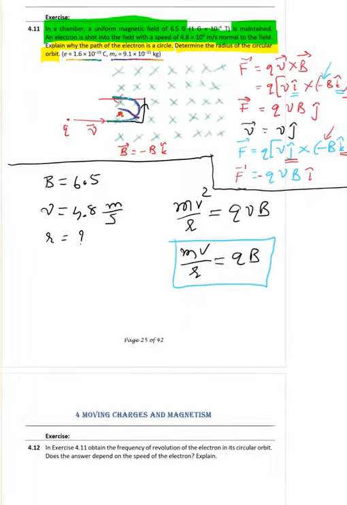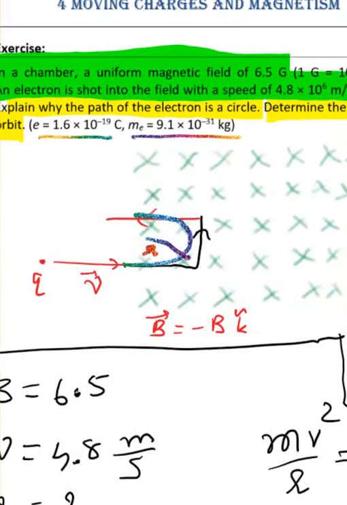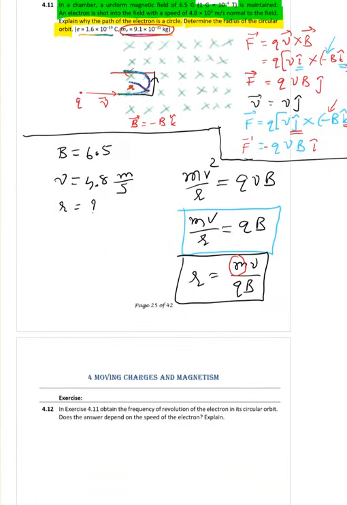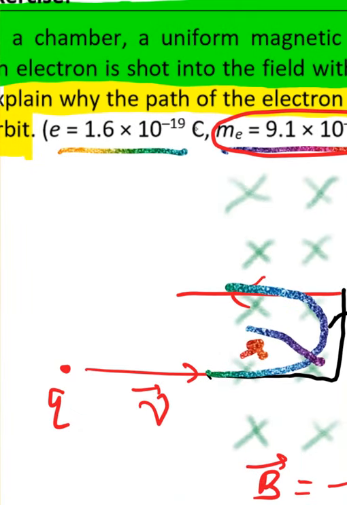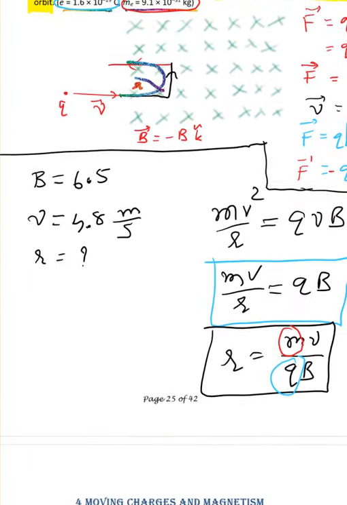So is it possible to calculate r? Yes. Look at the formula. r is mv by qB. So we have the mass of the electron given. Do we have the charge of the electron available? Yes, it is 1.6 into 10 raised to minus 19 coulomb. So charge is also given. What about the other quantities? We have the speed given.